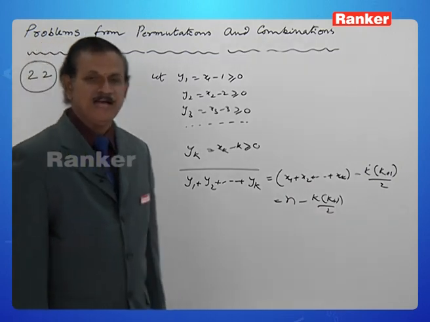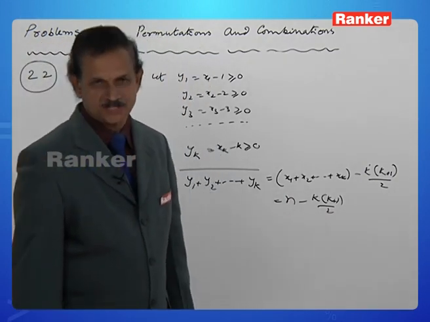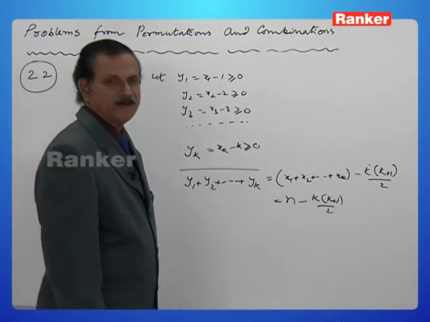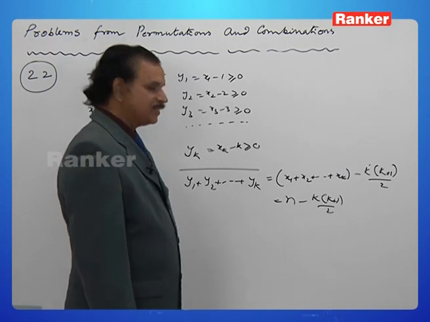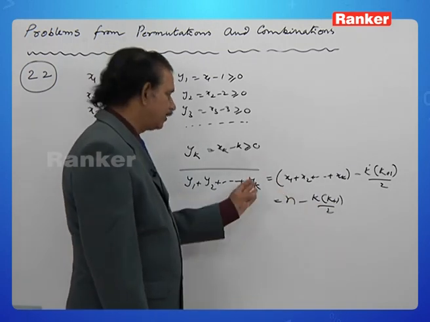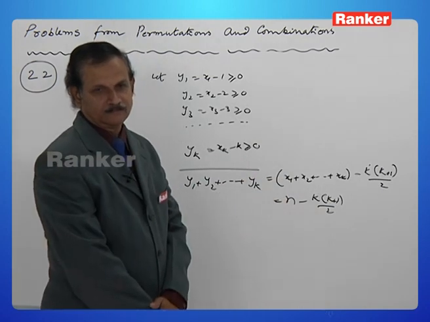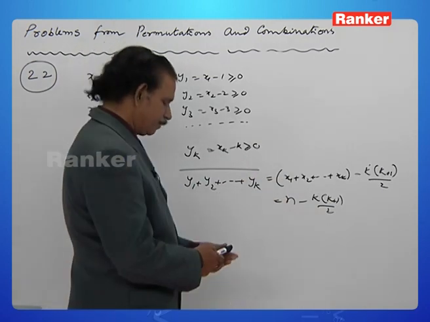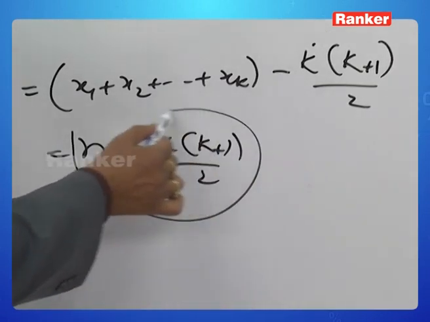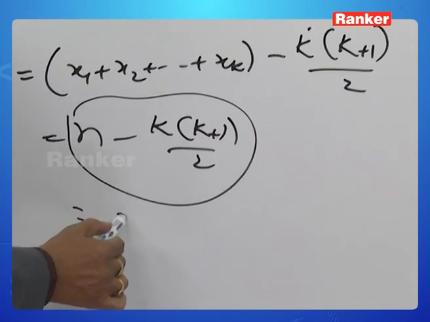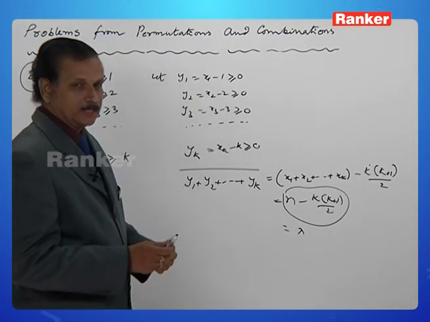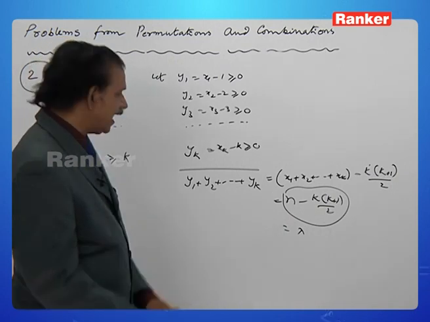And we could have a beautiful formula for that. Let me call this entire thing some lambda. So the answer is lambda plus k minus 1 C k minus 1. What I mean to say is, I like to take this entire thing some lambda. So ultimately, what is required at the end?